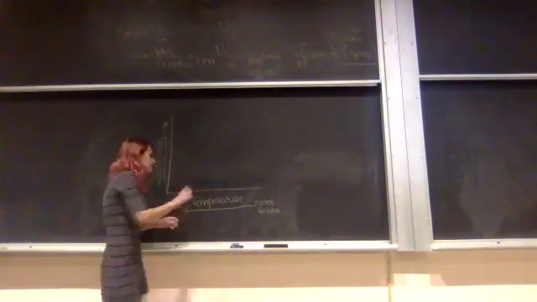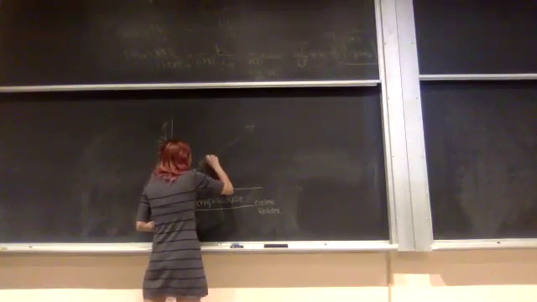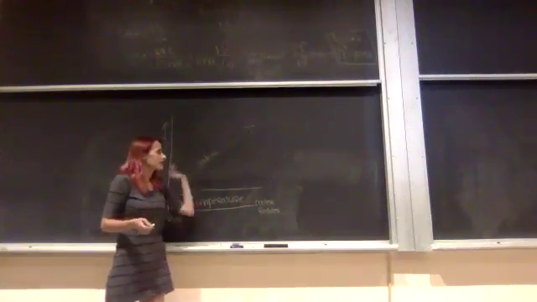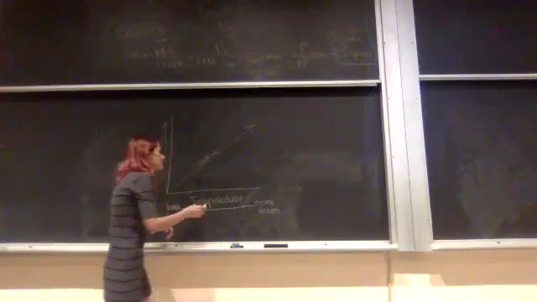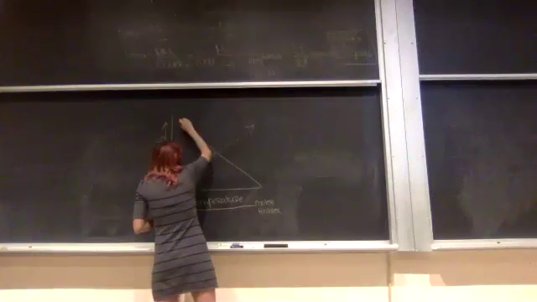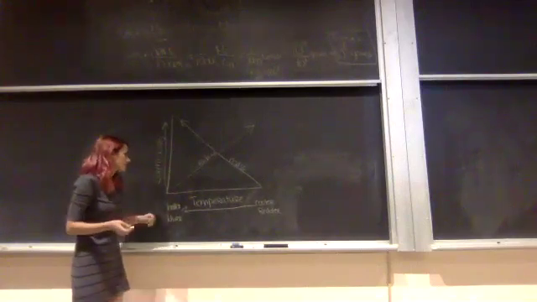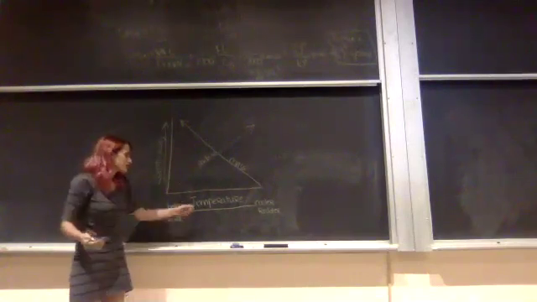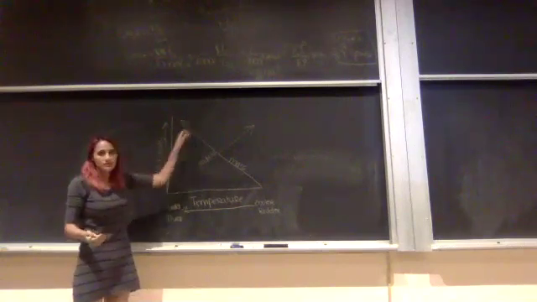Roughly, radius goes up like this, so as you go that way in the graph, radius is going to increase. And along the main sequence, mass goes up like this. So radius is going up one way, mass is going up the other, temperature is going up this way, luminosity is going up this way.